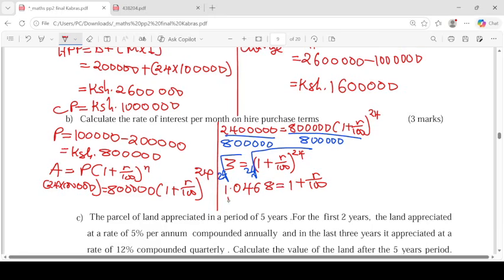So this means R over 100 is equal to 1.0468 less 1. We are almost getting our answer.